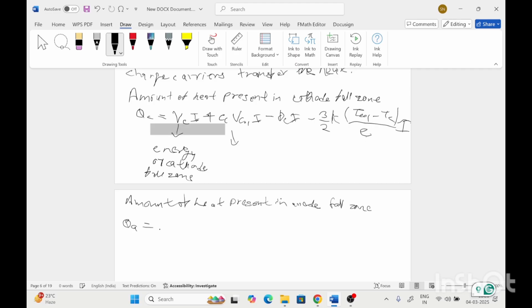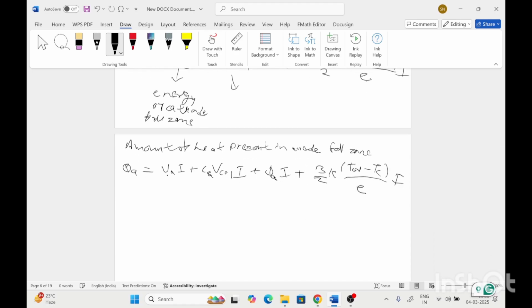So this is VAI plus CA V column I plus phi AI plus 3 by 2 K T column minus T cathode divided by e and I.